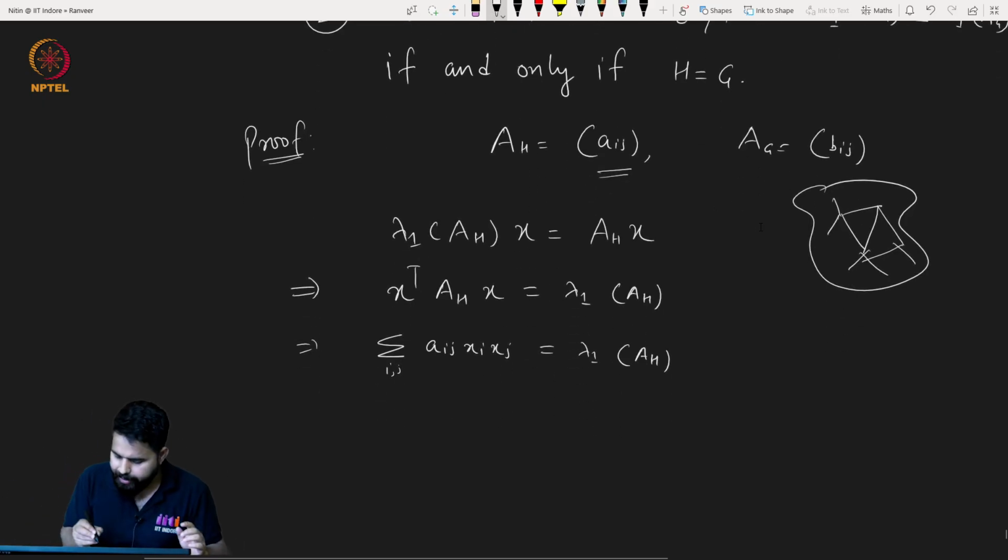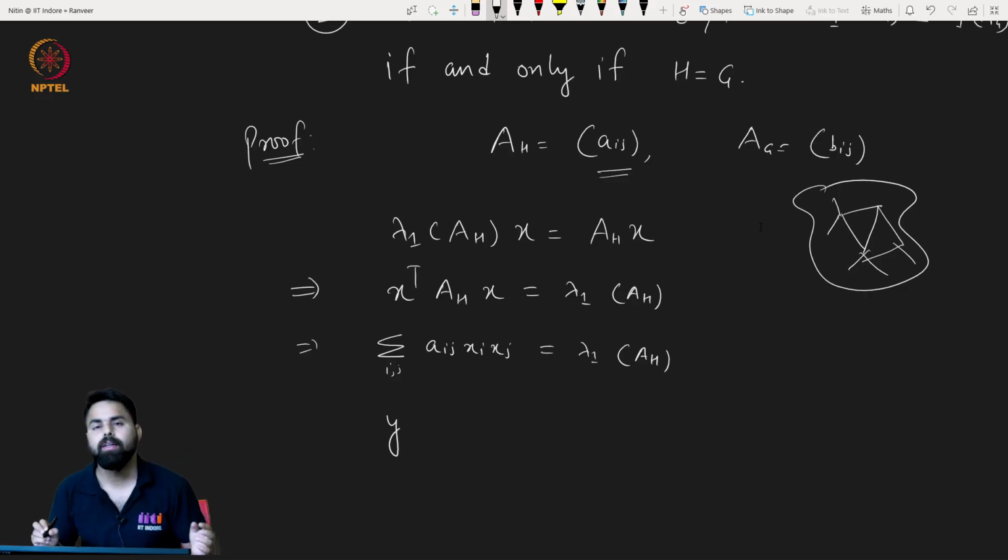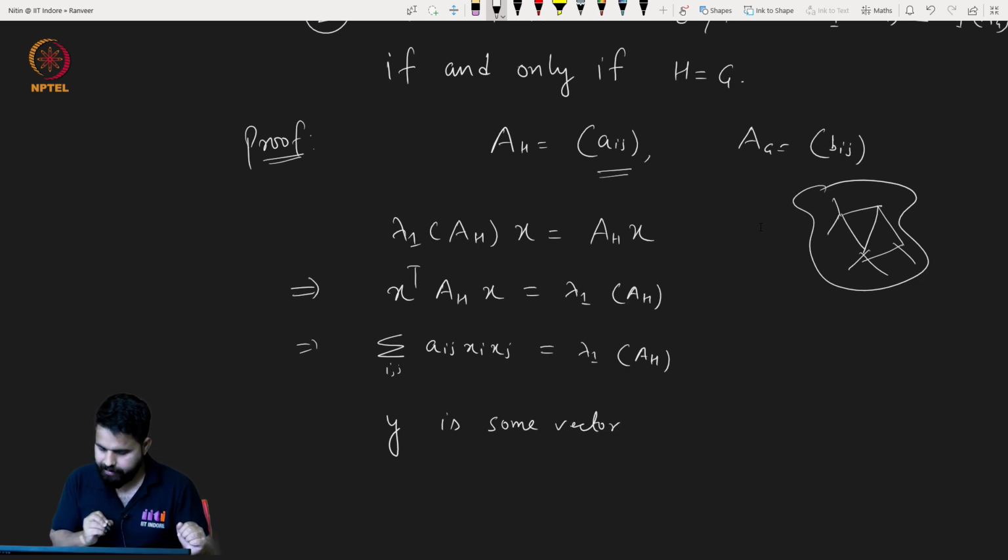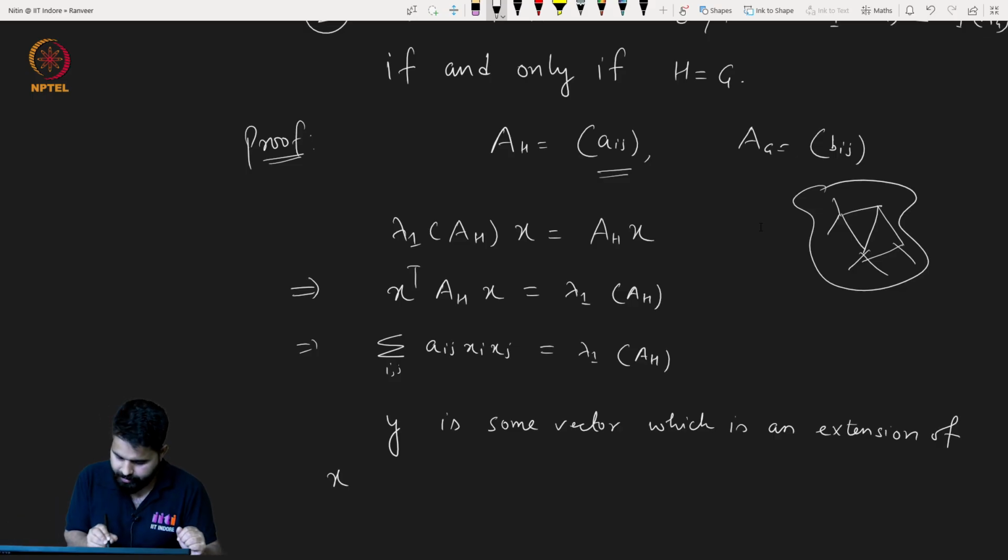Let's suppose y is some vector which is an extension of x.